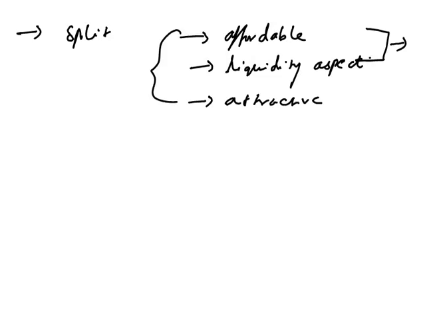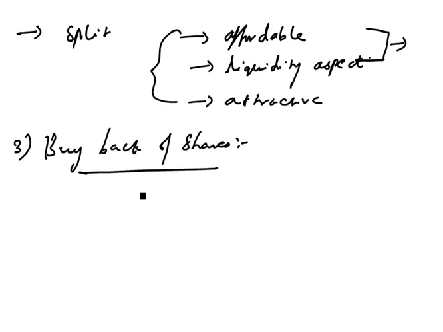And now let's see the third concept, that is the buyback of shares. What is this buyback of shares? A buyback can be seen as a method for a company to invest in the company itself by buying shares from the investors in the market. When you do a buyback of shares, the number of outstanding shares will get reduced in the market.